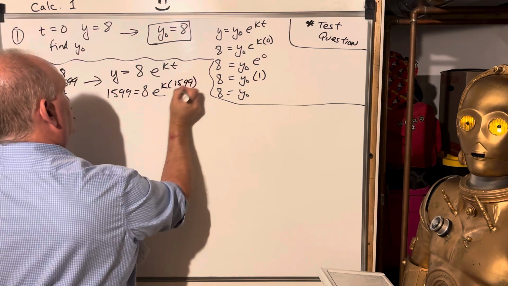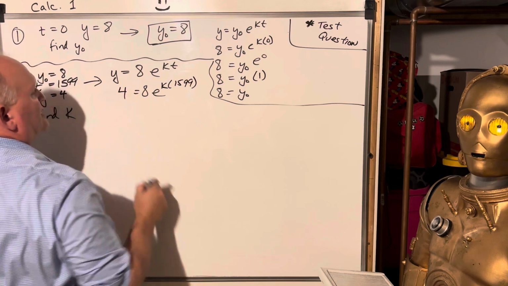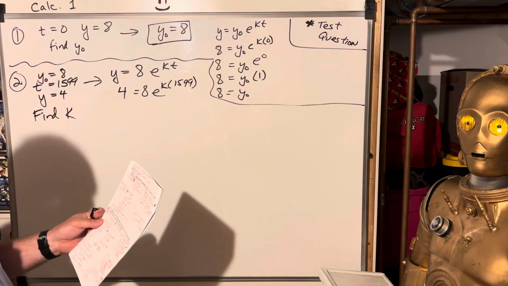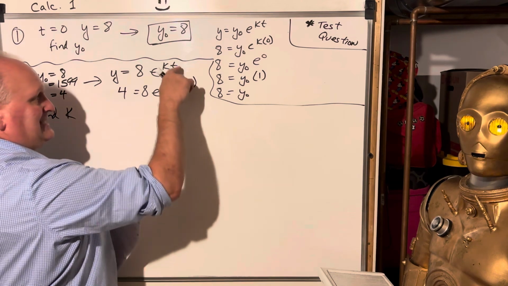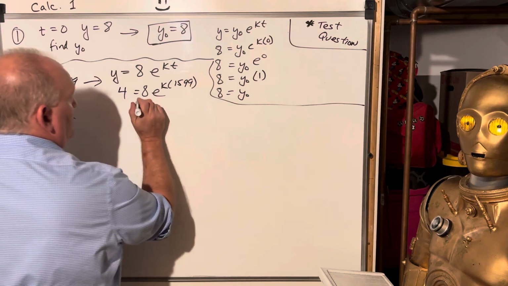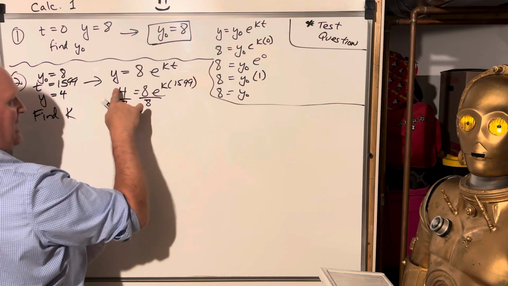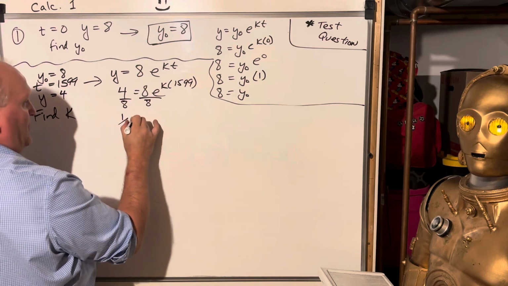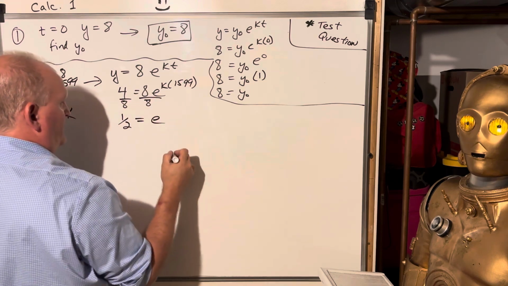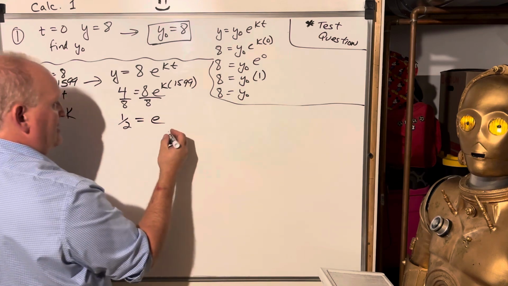Oh, wait, I put the wrong thing in the wrong spot. Sorry. Y is 4. Y is 4. 1599 is t, time. All right, so now it's always good. It's a half-life, so even without the 8 and the 4, it's going to be always 1/2. If they would have said it was 20 grams, how long to get to 10, that's going to be 1/2.